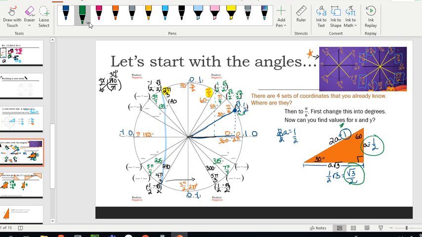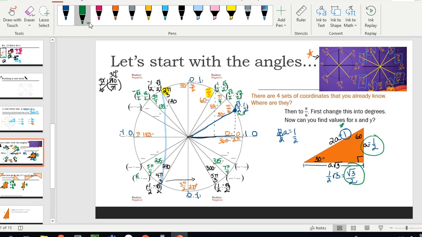Okay, now I am going to fill in all these amounts. Now here's the cool thing with a 45, 45: you get square root of 2 over 2 for either one. So these are both going to be square root 2 over 2, square root 2 over 2, but one of them has to be negative. You're going out in a negative direction for the x values, so the x value is negative.